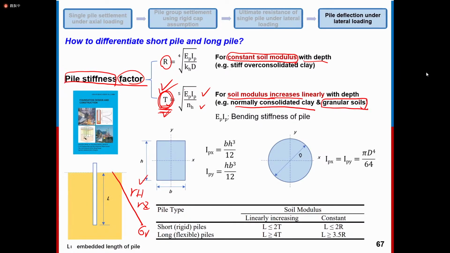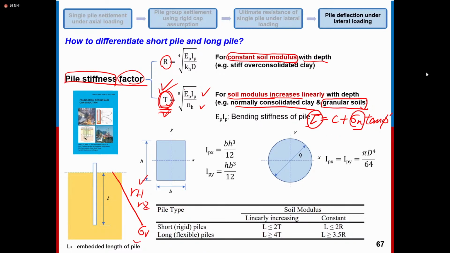Especially for the granular soil, if we write the Mohr-Coulomb failure envelope, tau equals C plus sigma n tangent phi, right? So this tau, or shear strength of granular soil, very much depends on this value sigma n.